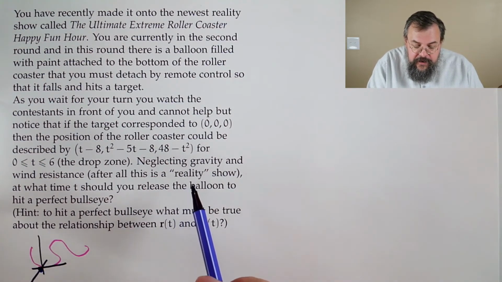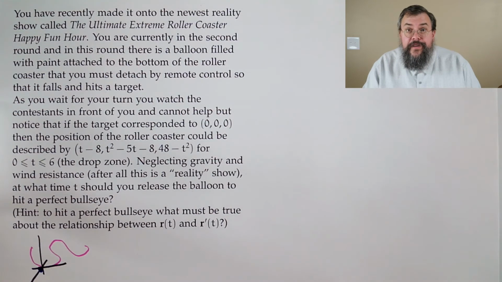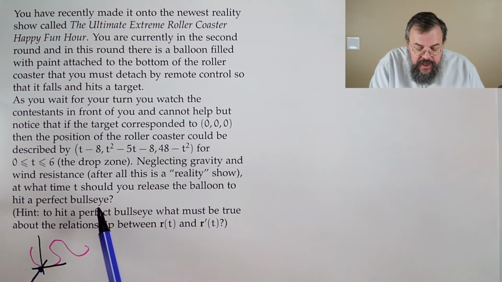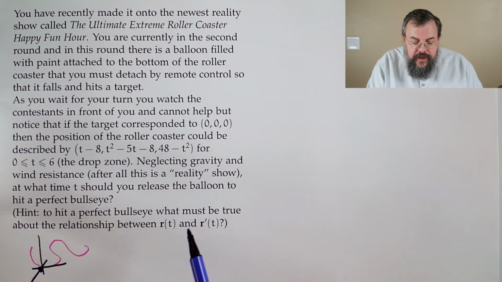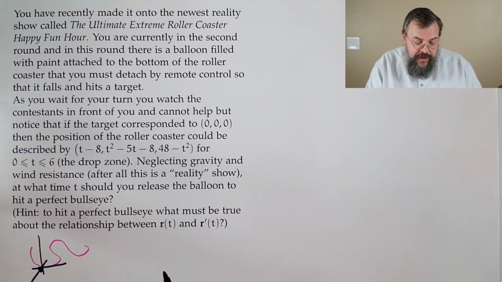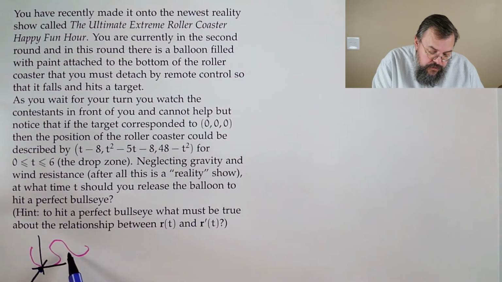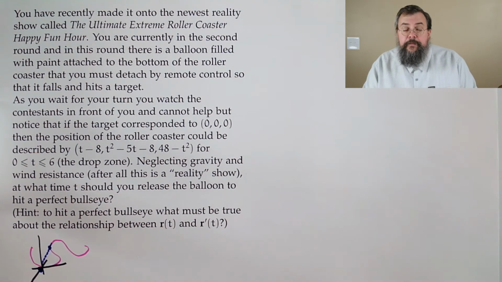Now, neglecting gravity and wind resistance, because this is a reality show, at what time t should you release the balloon to hit a perfect bullseye? Okay, so what's happening? We're moving along, and we want to find that sweet spot so that when we drop it, it's going to move and hit the spot.